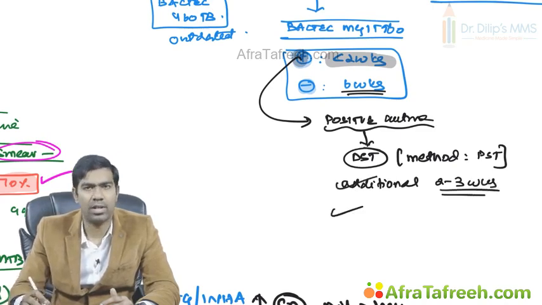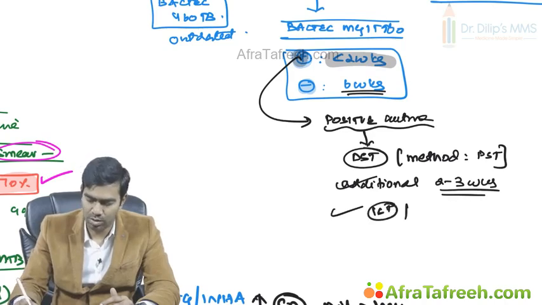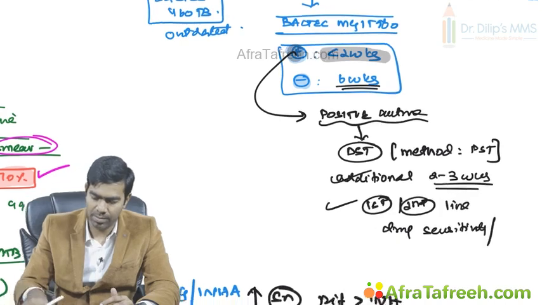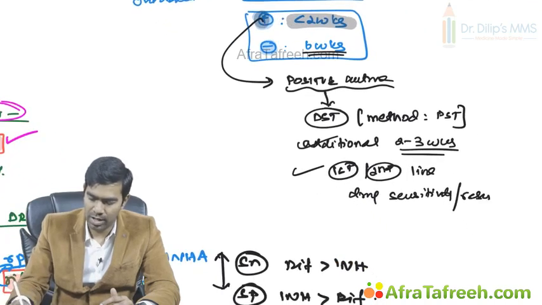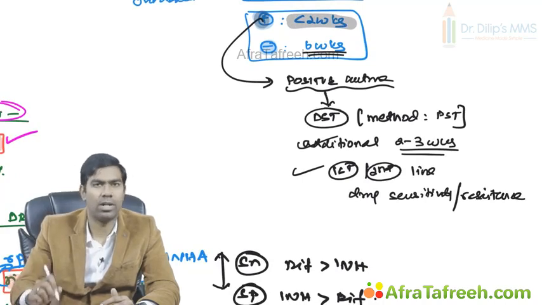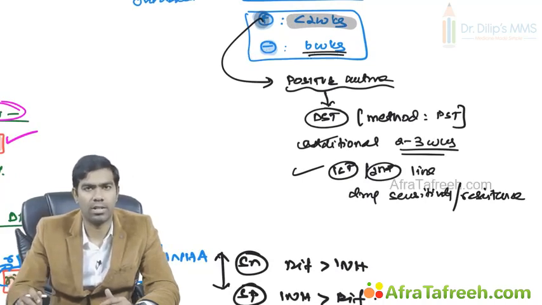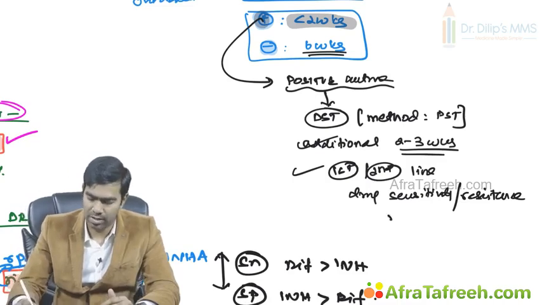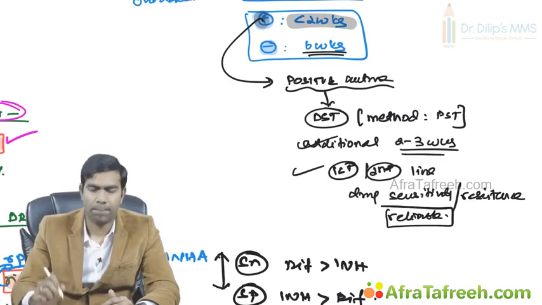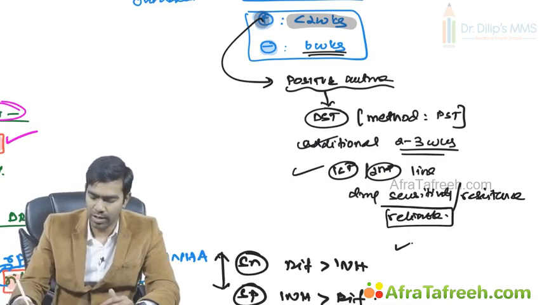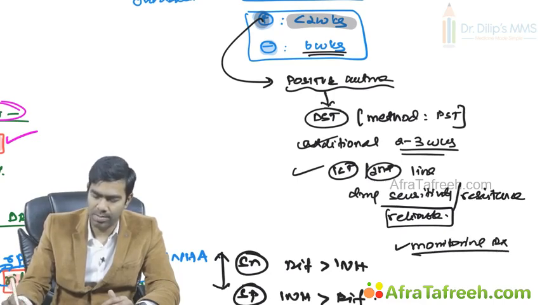And one biggest advantage is it can detect both first and second line drug resistance and sensitivity reliably. Not like line probe assays, where fluoroquinolone and second line injectable drug resistance testing will be unreliable. But here it is absolutely reliable. So this can be used for monitoring treatment also, because it can differentiate between the live and the dead bacilli.